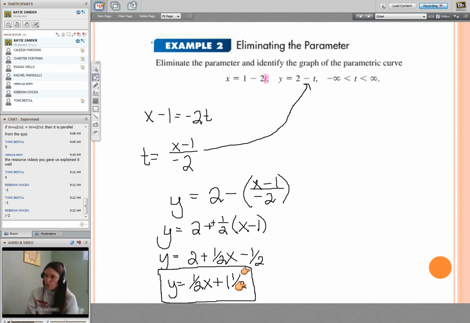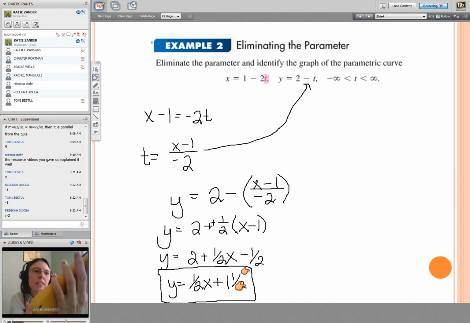Okay, and then you just scroll down, type the 2 minus t in. I'm taking a look at our interval. There are no restrictions for t. It's going from -infinity to +infinity. So I do not need to change my window at all for what I'm looking at. So I'm just going to hit graph after that.